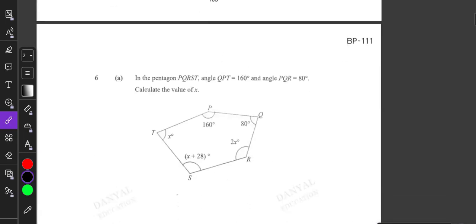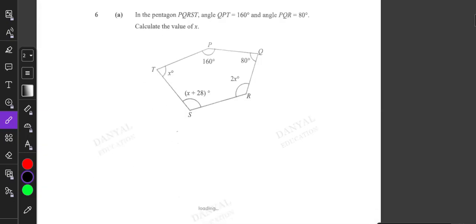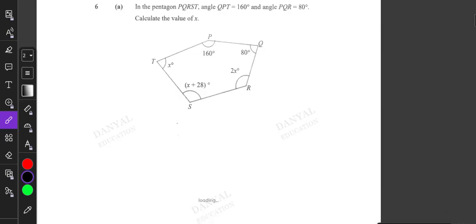Okay, can. Next, in the pentagon PQRST, angle QPT is 160, angle PQR is 80. Calculate the value of x. Now, this one you need to know that all the internal angles is 360.